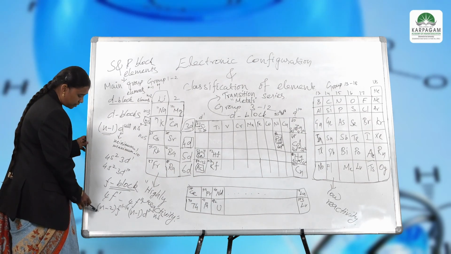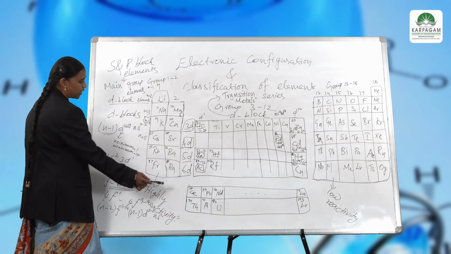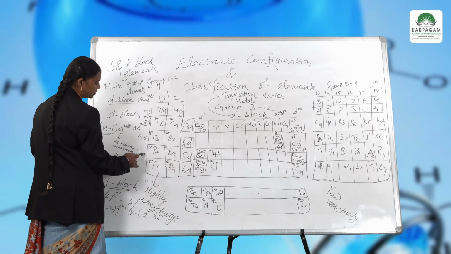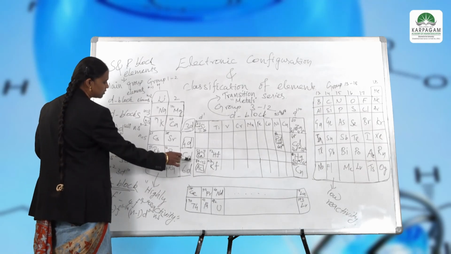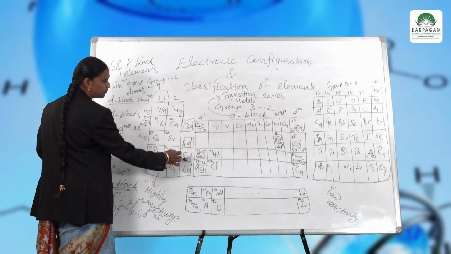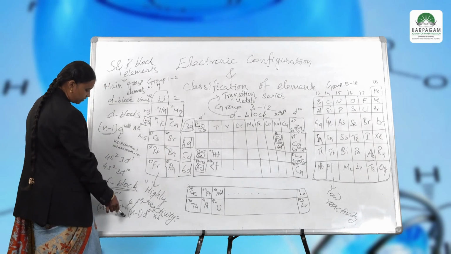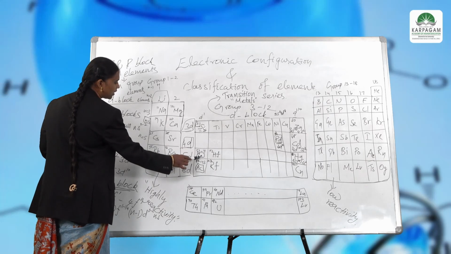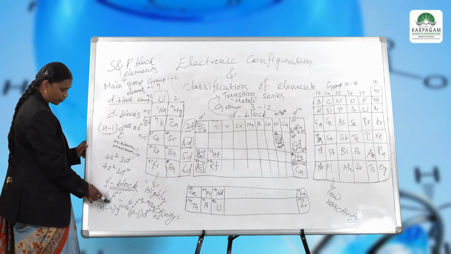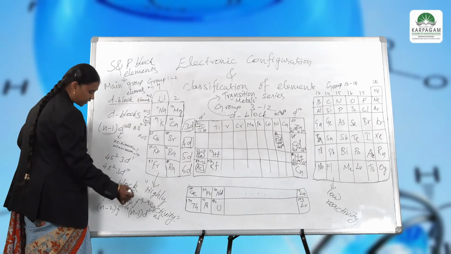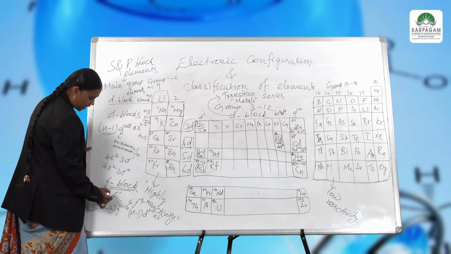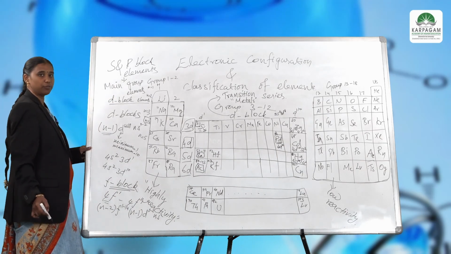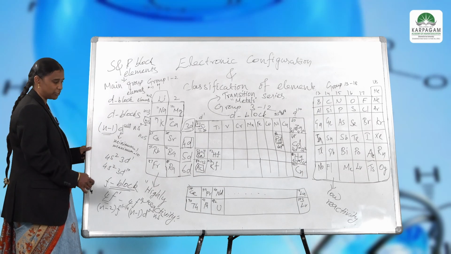Here it is n minus 2. Why? In this sixth period there is already the 5d series, that is the n minus 1 d series, and the lanthanide has the 4f orbital. After 5d the next energy level is 4f according to the Aufbau principle.